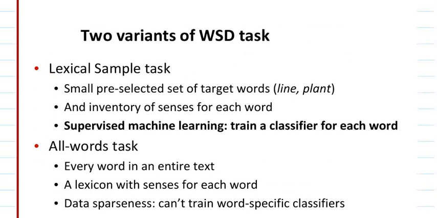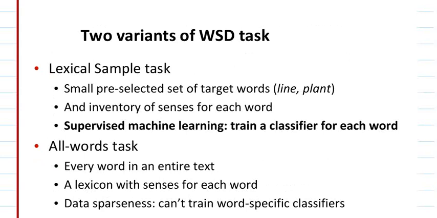Suppose we are concerned with the word line, so we need an inventory for that word, and we can then train a classifier, or apply another kind of thesaurus based algorithm, and solve this lexical task for the sample.